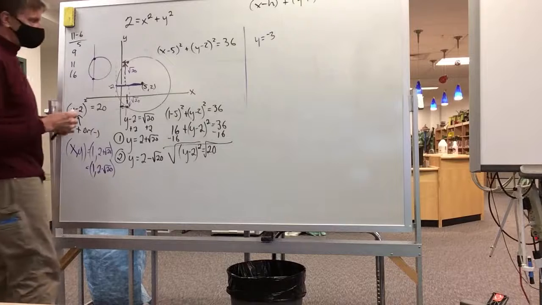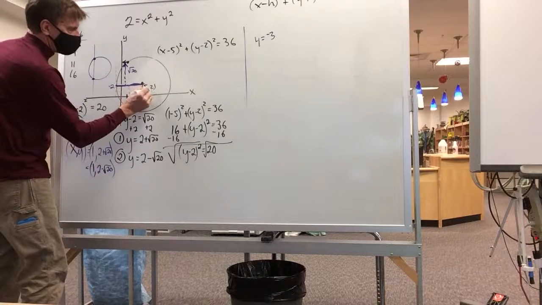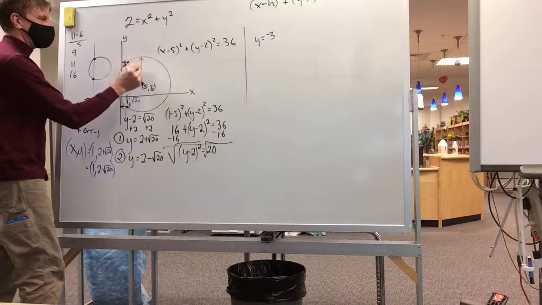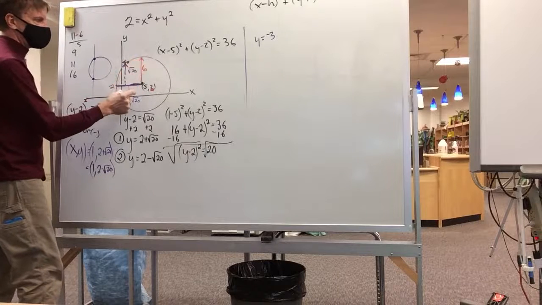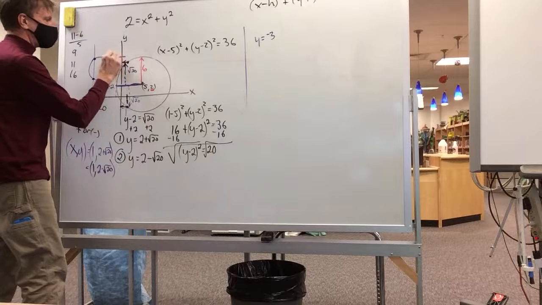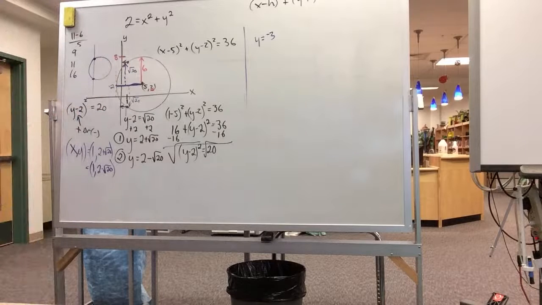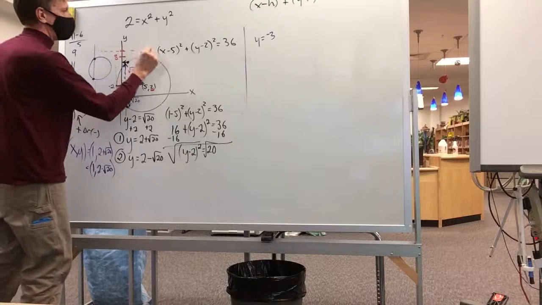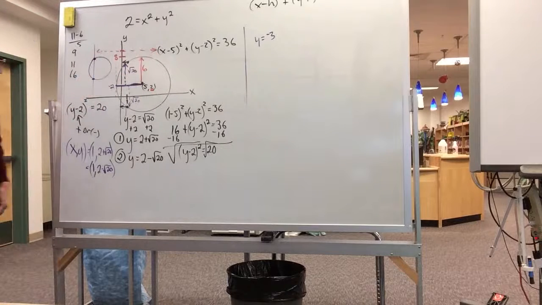Let's look at this. 2 is the y value, and this thing has a radius of 6, so it only goes up to 8. At 9, if you put a line across here, is there a point of intersection? Nope. So there is no solution. It can't be done.